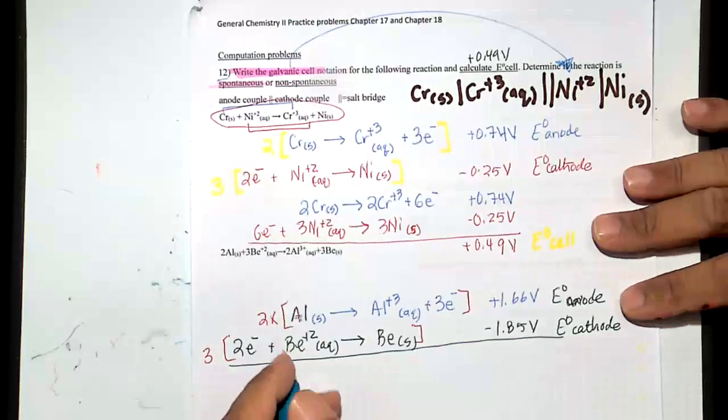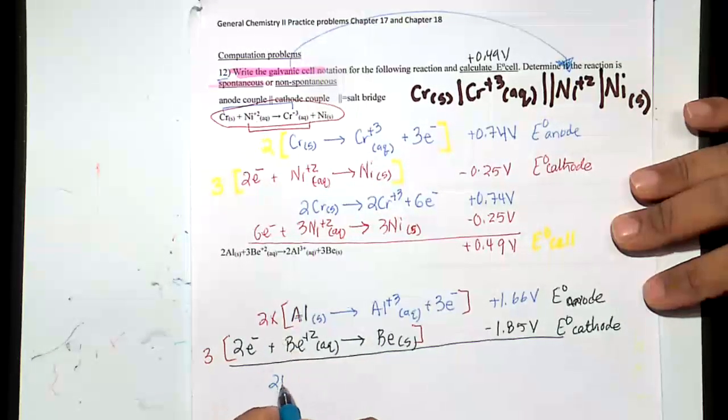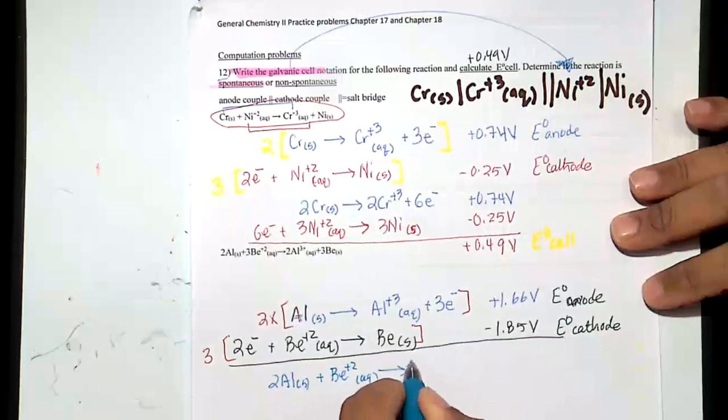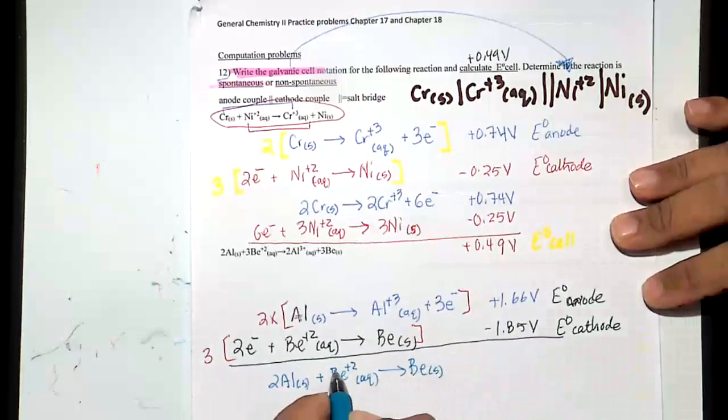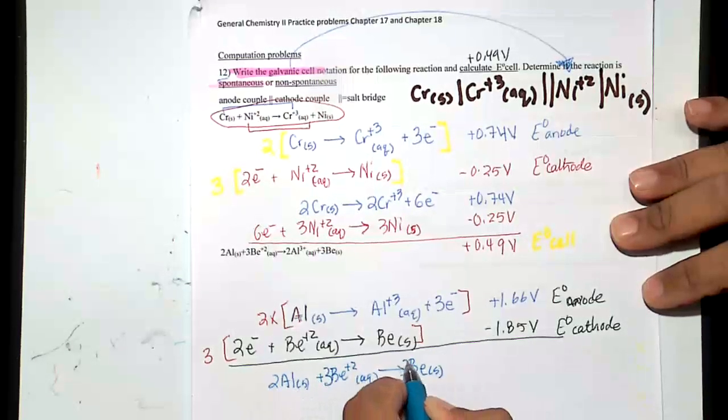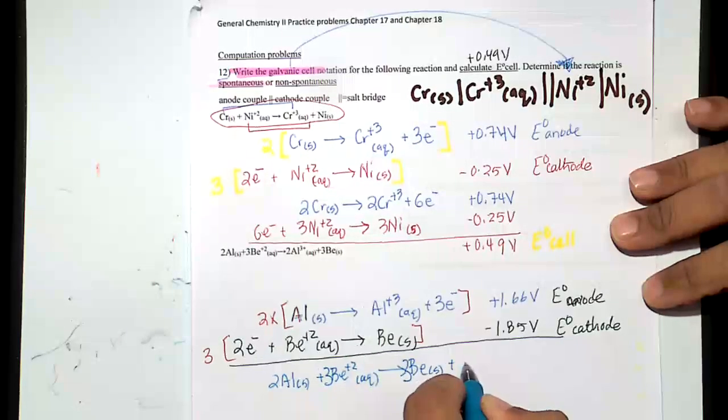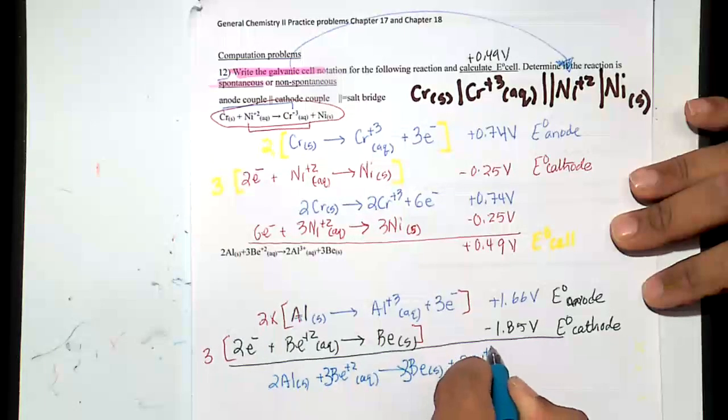And then we will finish this up here as 2Al solid plus Be plus 2 aqueous goes to Be solid. 3Be plus 2 goes to 3Be solid plus 2Al plus 3.